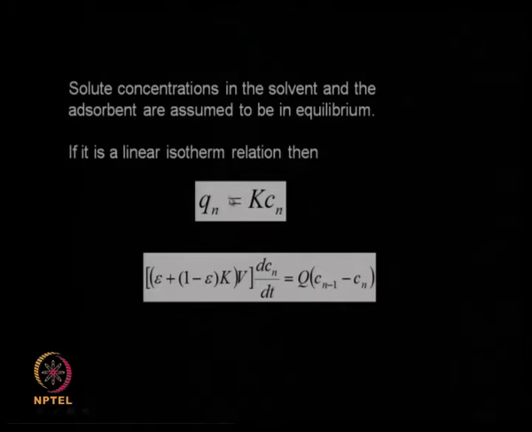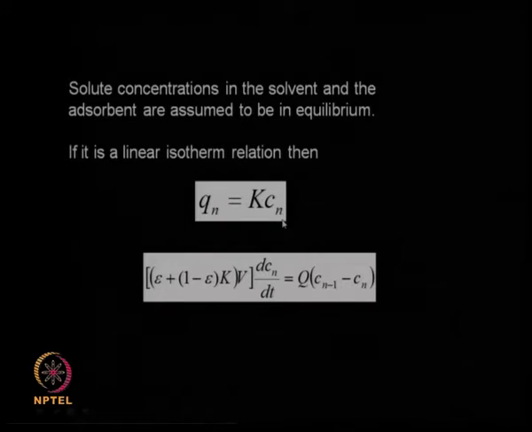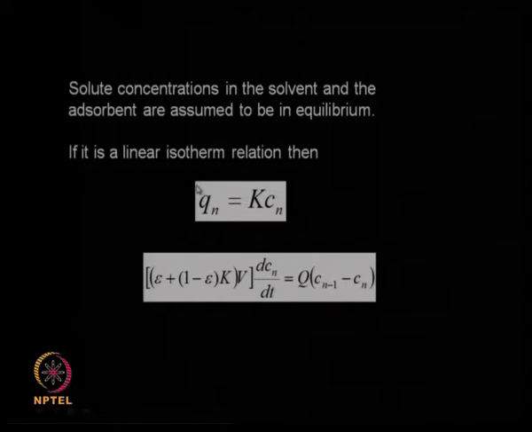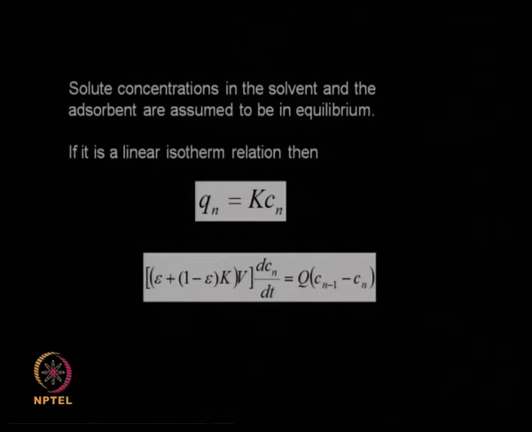So, Qn equal to K into Cn. This is a simple relationship. We can have a non-linear type of relationship, a Langmuir type of relationship and so on, but the simplest is that the solute adsorbed on the stationary phase and the solute in the mobile phase are linearly related.